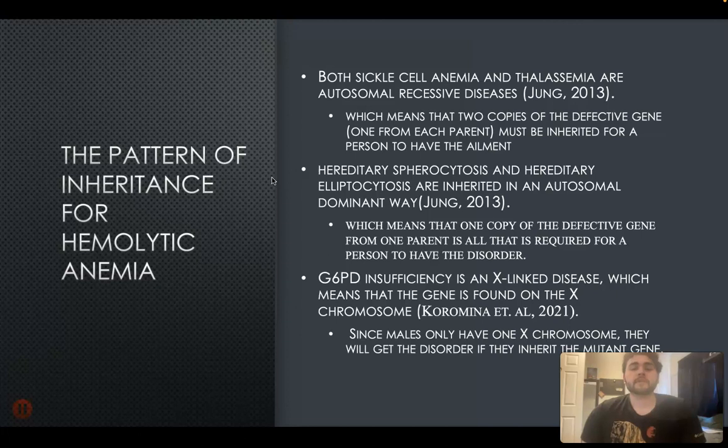Now, hereditary spherocytosis and hereditary elliptocytosis are inherited in an autosomal dominant way, which means that one copy of the defective gene from one parent is all that is required for them to have hemolytic anemia. Now, glucose 6-phosphate dehydrogenase deficiency is an X-linked disease, which means that the gene is found on the X chromosome. Since males have only one X chromosome, they will get the disorder when they inherit the mutant gene.